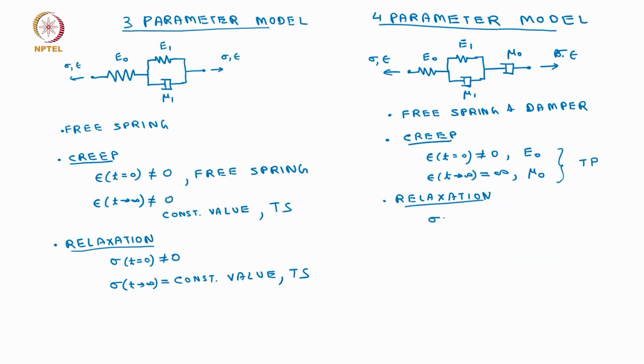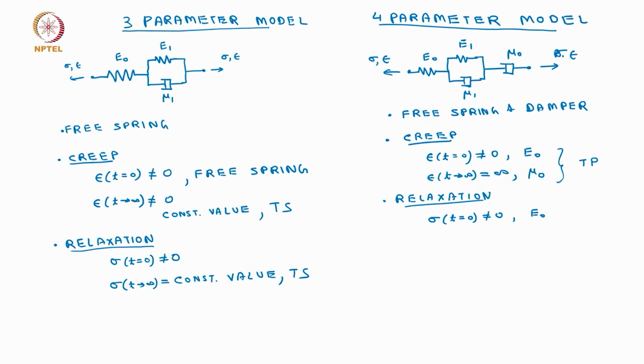So which means the measured stress at time t equal to 0 is non-zero, and it is mostly because of the free spring. But the question now is, what happens if we wait for long time? So we stretch it by a fixed amount and we wait long times. When we wait long times, what happens is all the strain applied can be taken by this free damper.